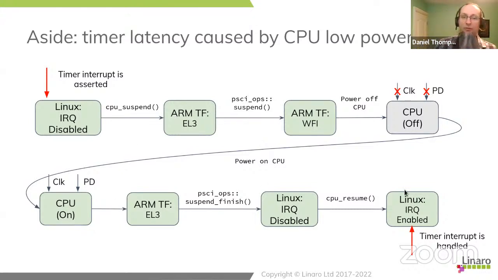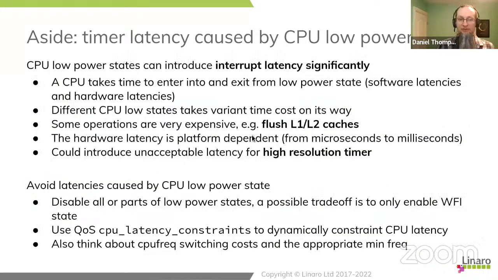And to be clear, some of these steps are quite expensive. Particularly if we're going to turn off caches, we have to flush them first. So if we're going into a power state where the caches are unpowered, we might have to flush L1 or L2 caches, depending on whether we're taking cores or clusters down and so on. There is also simple entry and exit time. It can take time to bring things back up and get them online.